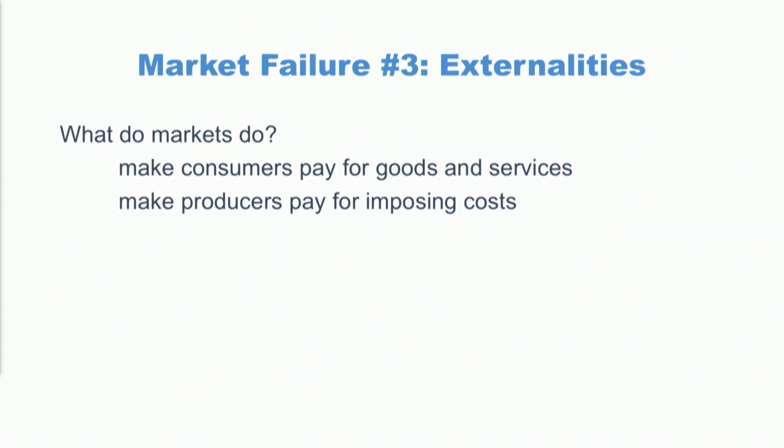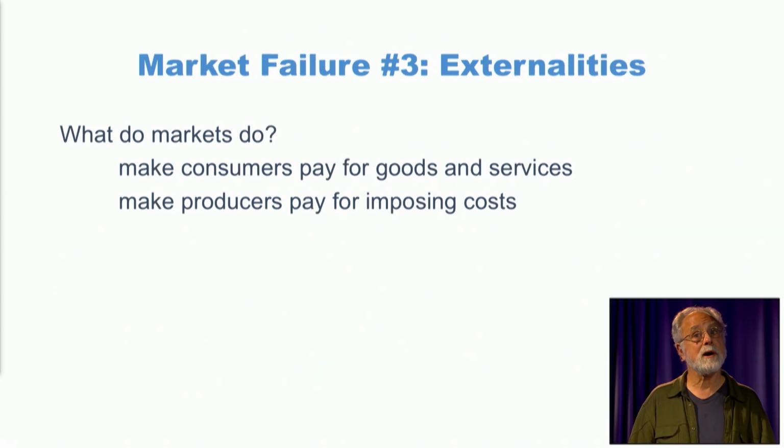The third market failure is externalities. This one in practice is extremely important. When you think about markets, what happens on a day-to-day basis is that people who might benefit from goods, the consumers, have to pay for the goods and services they might benefit from. That happens in a market.